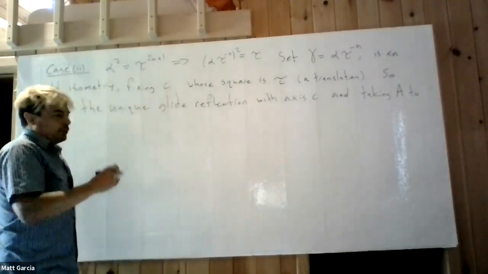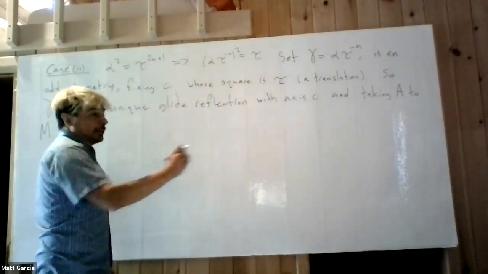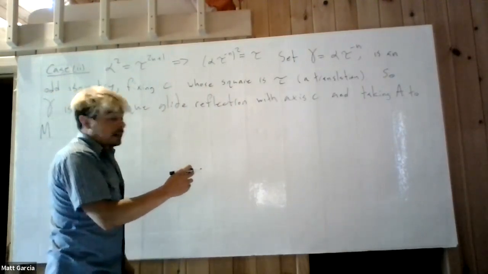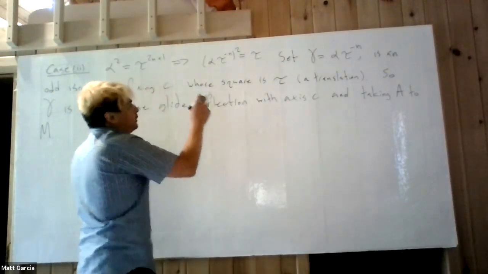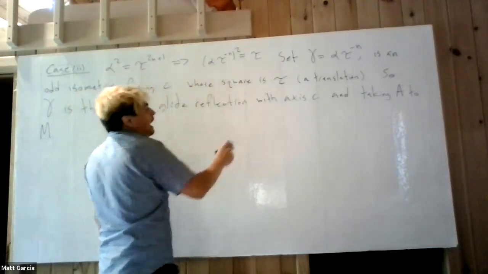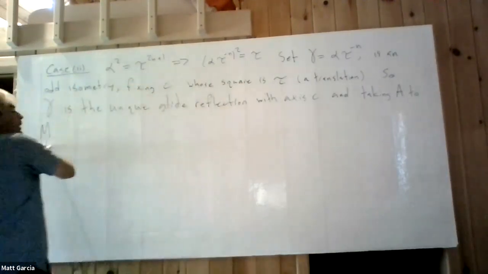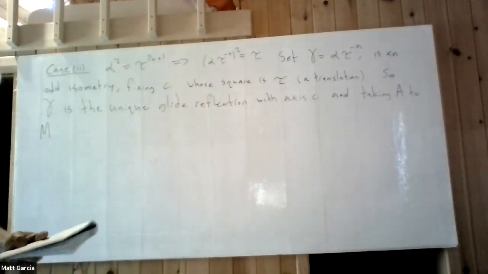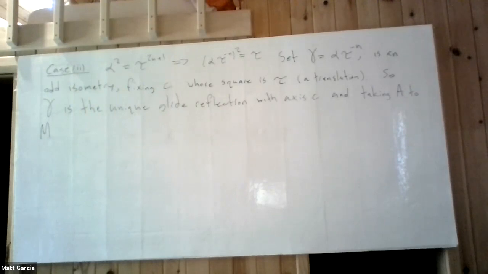Okay, so if I'm doing the same shift in the line C, then in order to do it twice, to take A to A1, I have to take A to the midpoint of A and A1.